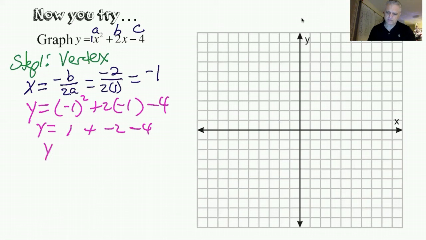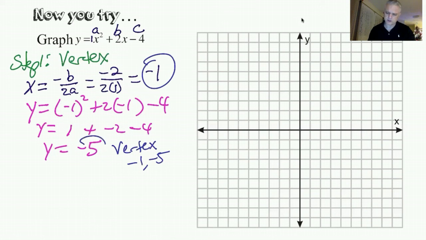So 1 plus negative 2 is negative 1 minus 4 is negative 5. Right? So that means that my vertex is going to be at negative 1, negative 5. That's my x and my y. So that's the first thing I'm going to do. I'm going to go negative 1, 2, 3, 4, 5, negative 5. Right there, my vertex.